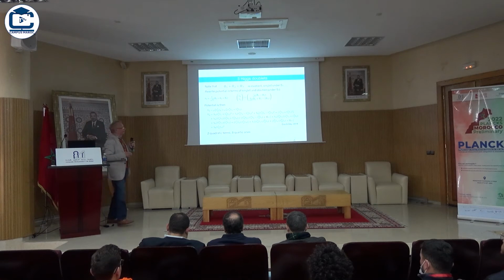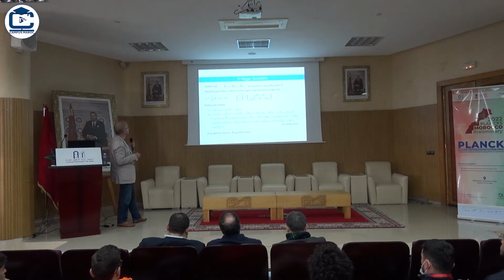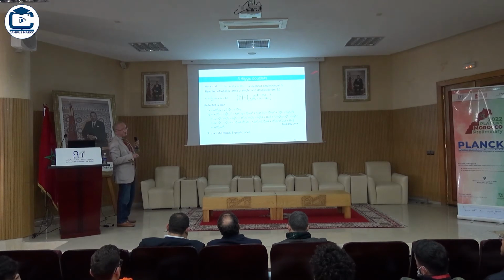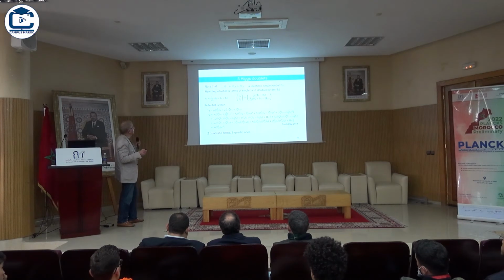And some people have argued that one should use so-called irreducible representations for these three scalar fields. And you see that the sum of phi 1, 2, 3 is an invariant under S3. Any permutation of two of them leaves it in the same form.